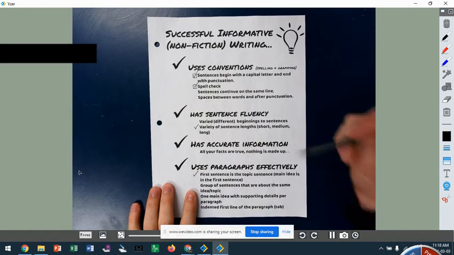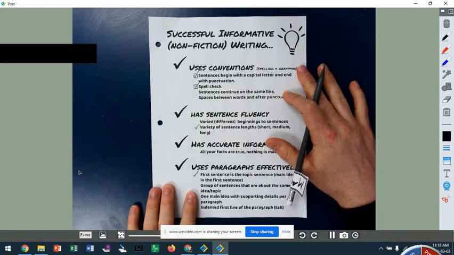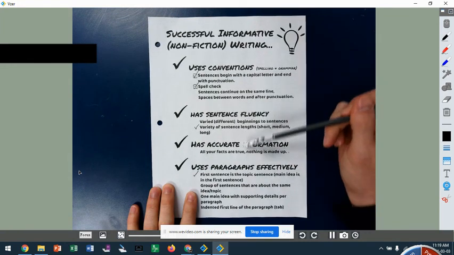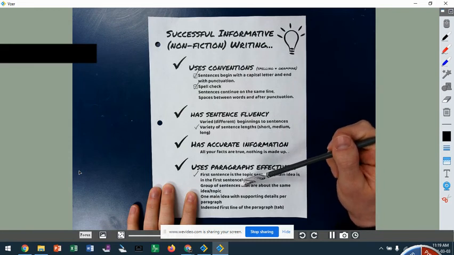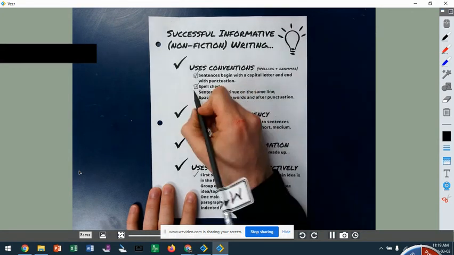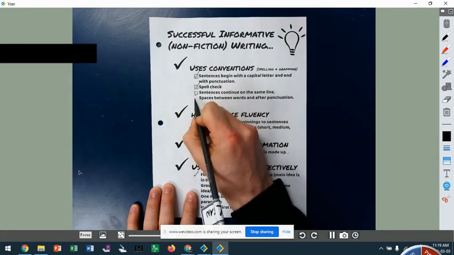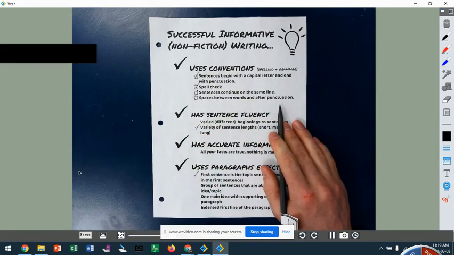And the great thing about this checklist, which you're all about to receive, is once you've read through your work this many times, looking for all these aspects and all these criteria, it leaves you with a very clear roadmap of what you have to do next. We're currently missing a check mark in sentences continue on the same line. Then we'll make sure that there are spaces between words and after punctuation.